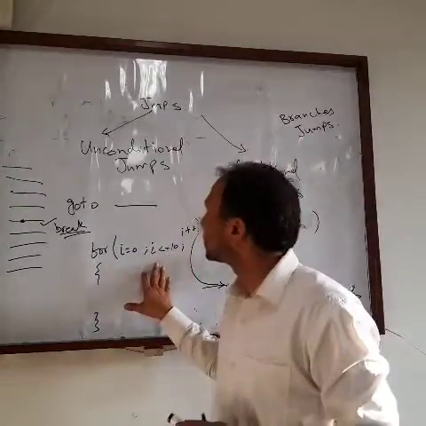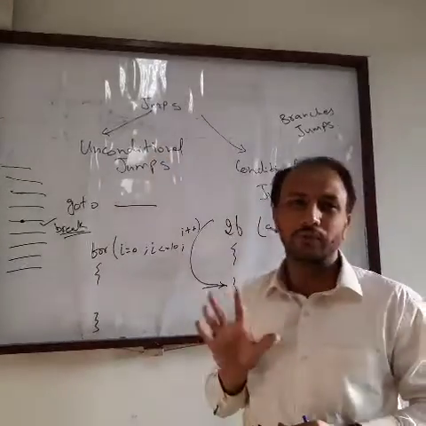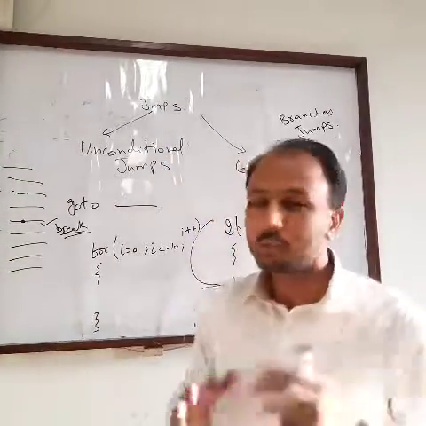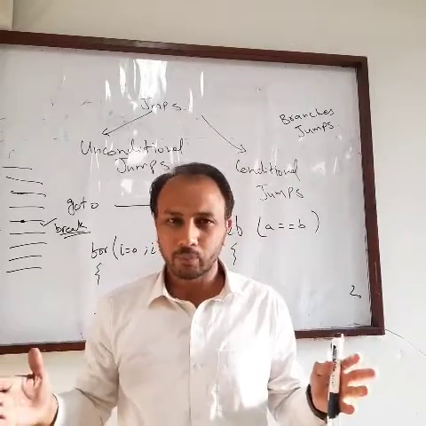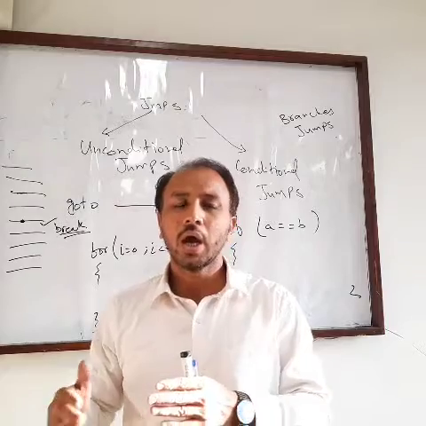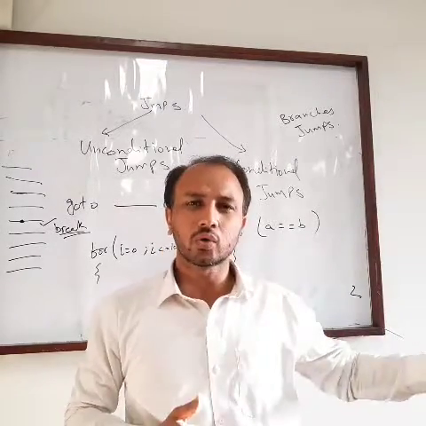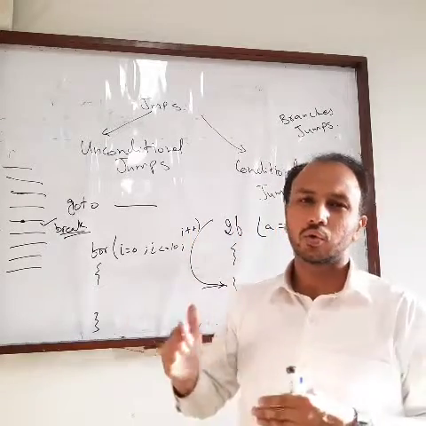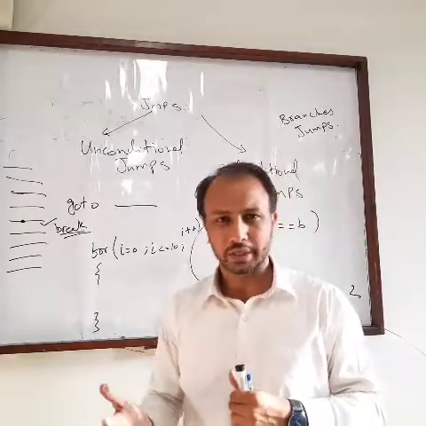So branches or jumps are actually very important, and we need them for our code. Why? Because sometimes we want to skip a particular code, or go to a particular code without any condition, and sometimes we want to go with particular conditions.